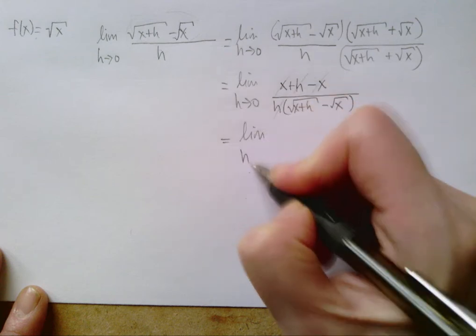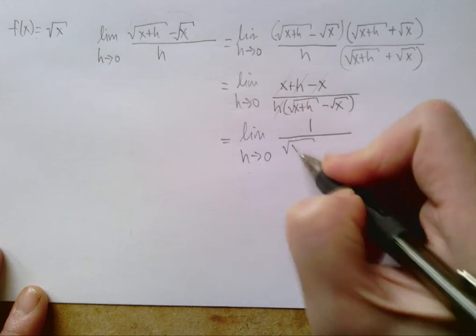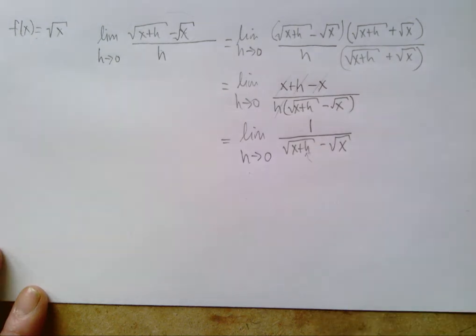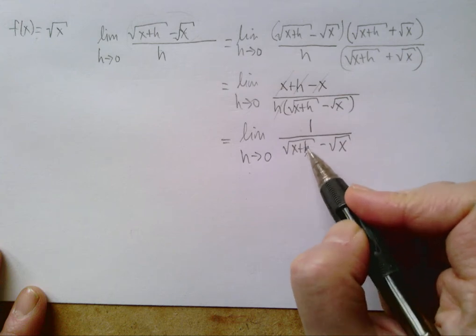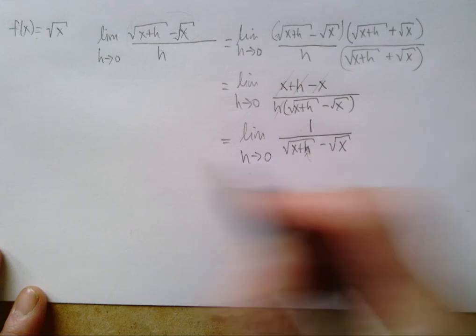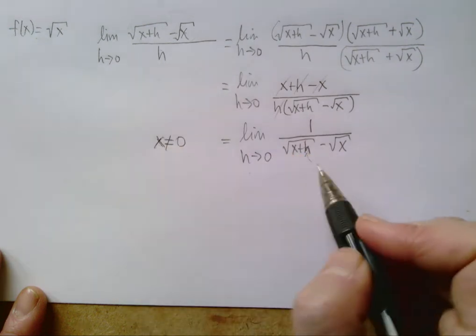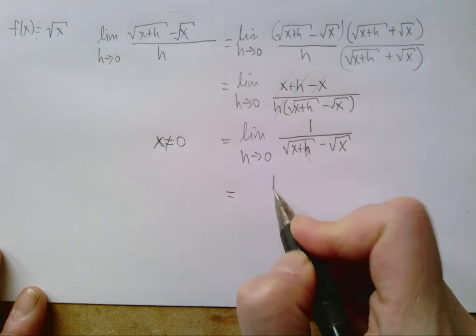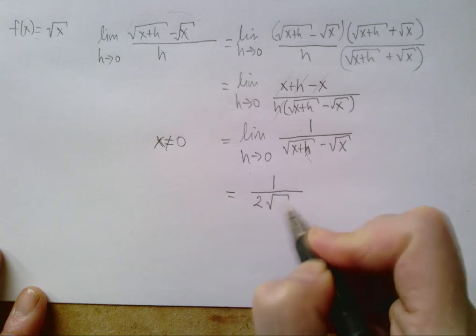We can cancel those, and now we have the limit as h goes to 0 of 1 over radical x plus h plus radical x. And now, as long as x does not equal 0, we can just simply plug in h equals 0 because there's no problem with 0 being the denominator. So that just equals 1 over 2 times radical x.